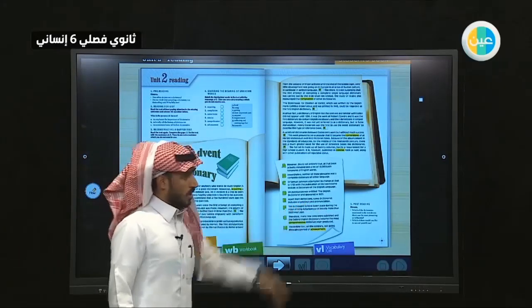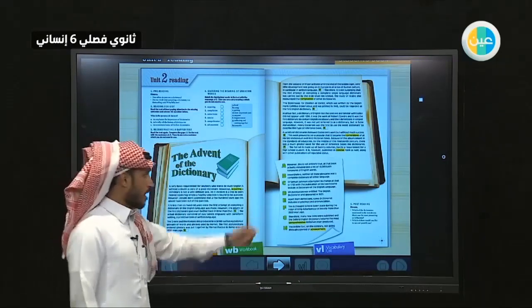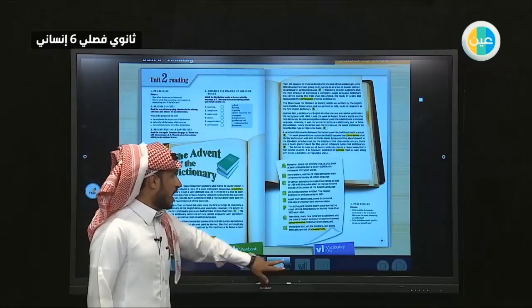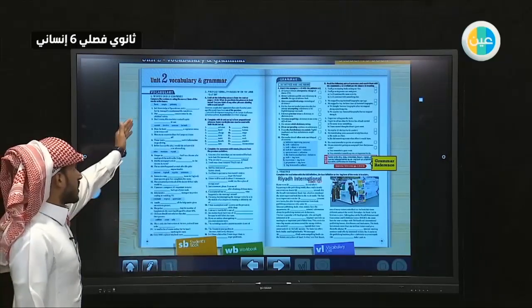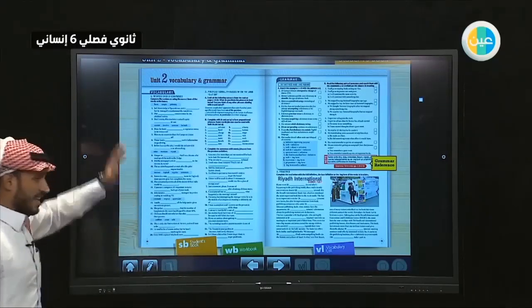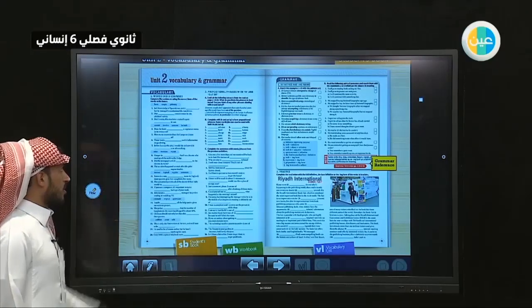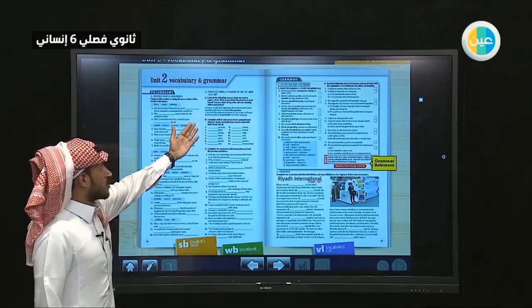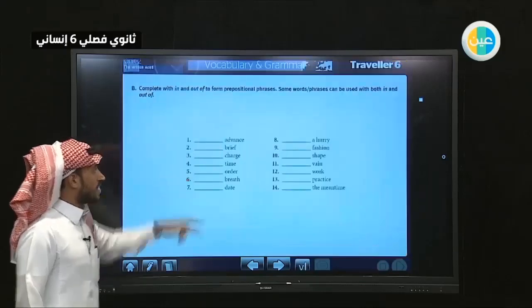Then we discussed this text or this paragraph, the advent of the dictionary. After this lesson, we went to the vocabulary where we had a lot of words that are easily confused. Then there was a lesson about using the words in and out of.